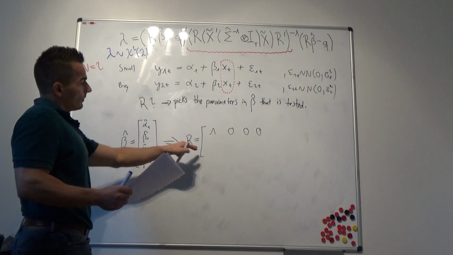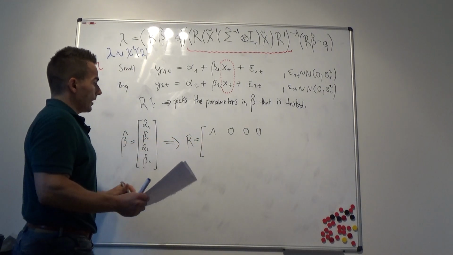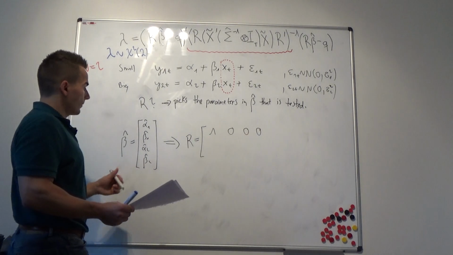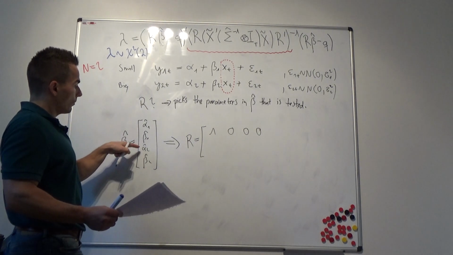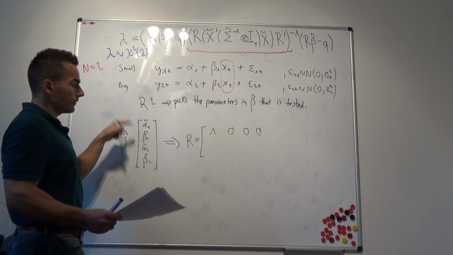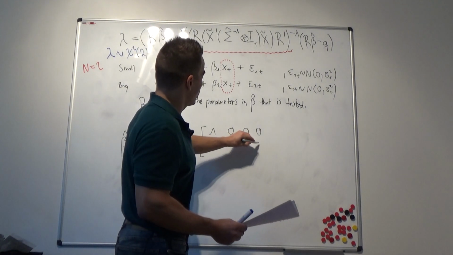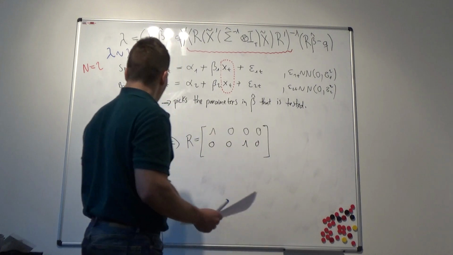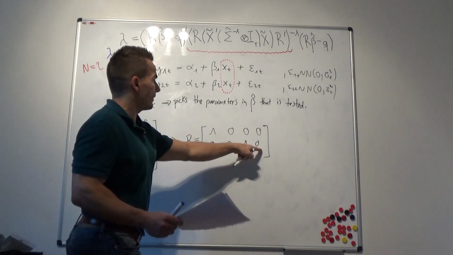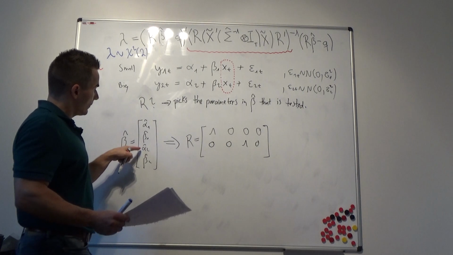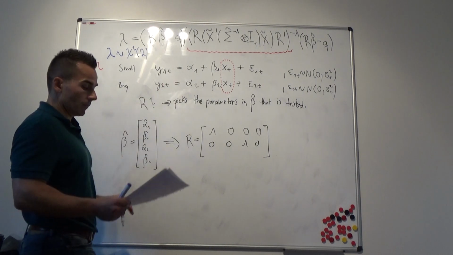And the second row vector here, how should this look like? Think about it. We want to grab this guy here. So this here should be a 1 and elsewhere zeros, right? So this looks like this: 0, 0, 1, 0. If we multiply this vector with this vector, it gives us the alpha 2 that we are interested in.